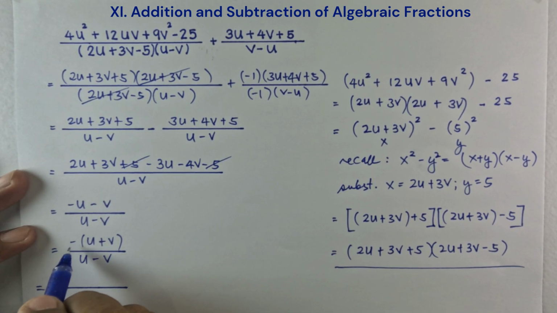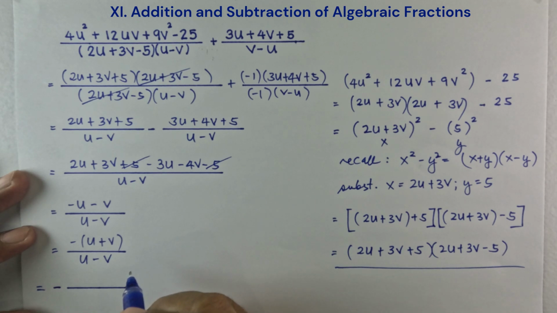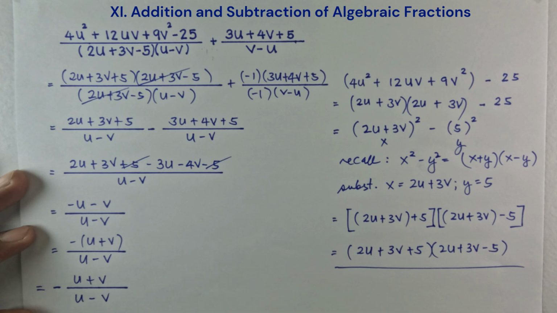Now the minus sign in the numerator, we can write it before the fraction. So what's left is u plus v over u minus v. And that's the answer.